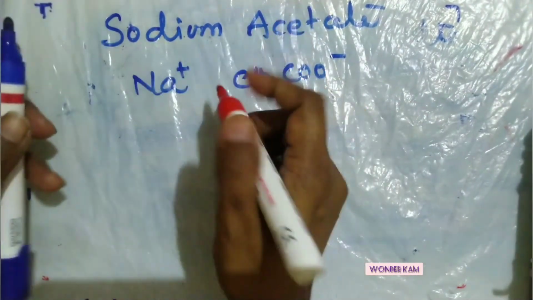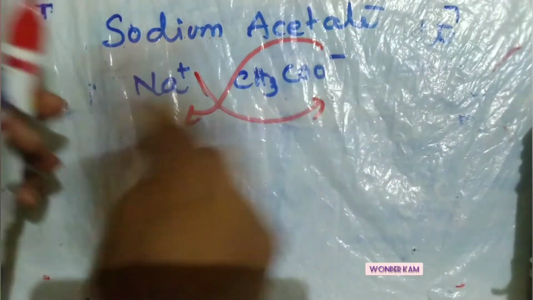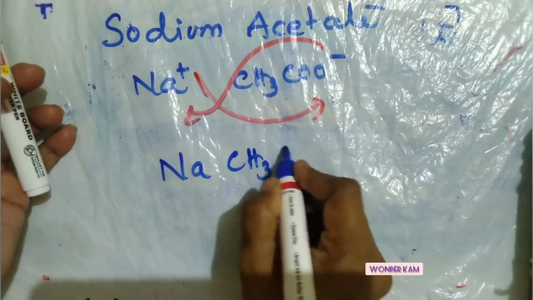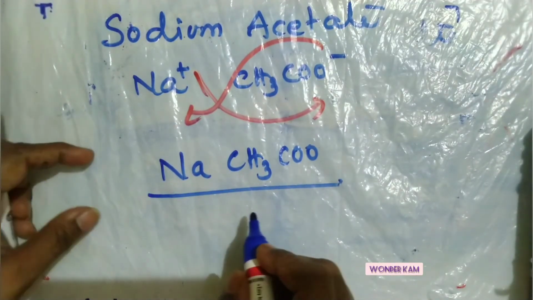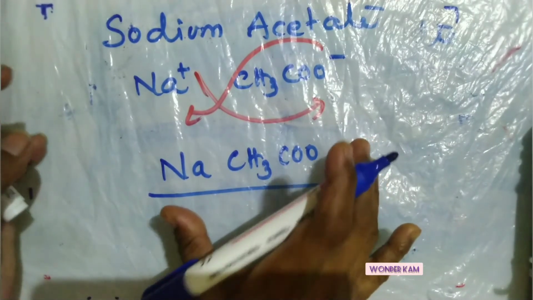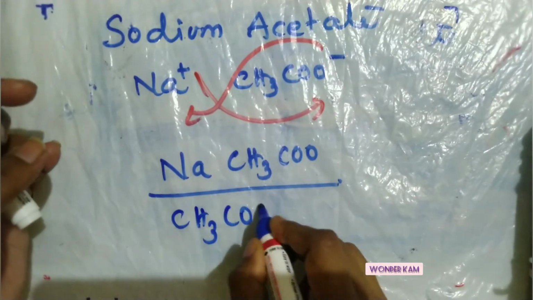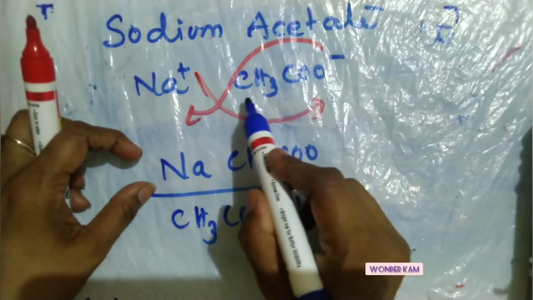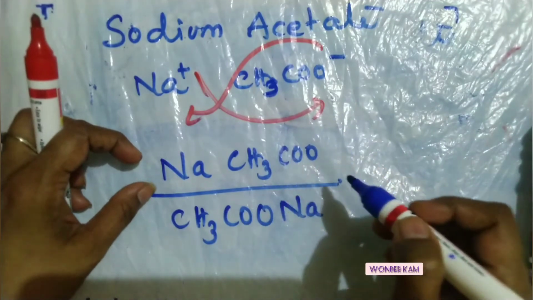This is 1 and 1, so we can write NaCH3COO. This is correct, no doubt, but it is not the convenient way, since acetate originated from an organic acid. In organic chemistry, the structures are given much more importance.